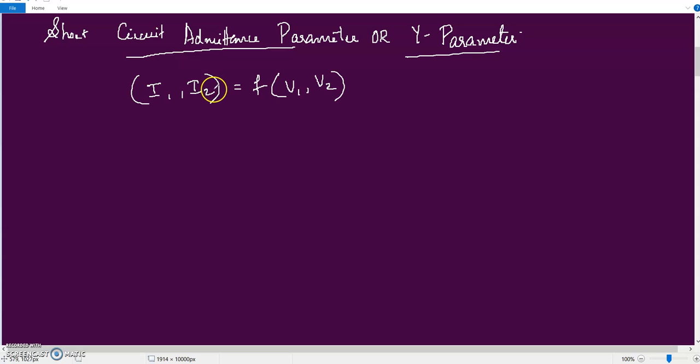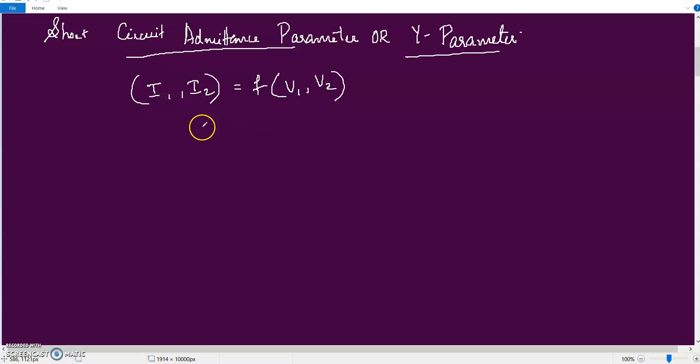Y parameter is expressed as the two-port currents I1 and I2 in terms of two-port voltages V1 and V2 for a two-port network. Impedance parameter was like, for a two-port network, V1 and V2 were expressed in terms of I1 and I2. Here, in case of admittance parameter, I1 and I2 are expressed as a function of V1 and V2.